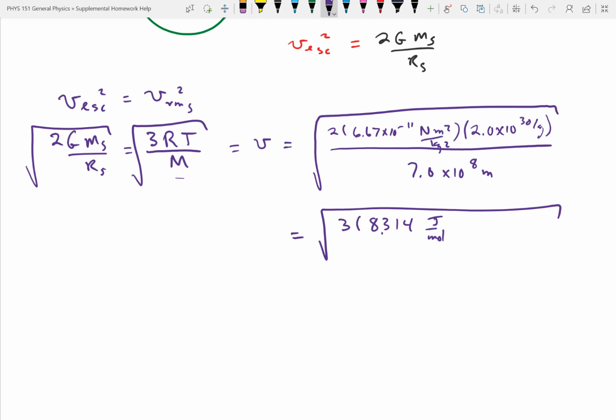And the temperature was 1.5 times 10 to the 7th kelvins over the mass of 1 mole of hydrogen gas. What's the mass of 1 mole of hydrogen gas? Okay, hydrogen atoms, atomic gas. So that's roughly 1.0 grams. So that'd be 1.0 times 10 to the minus 3 kilograms per mole.